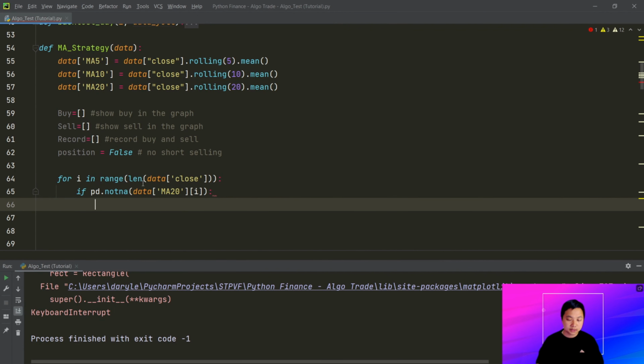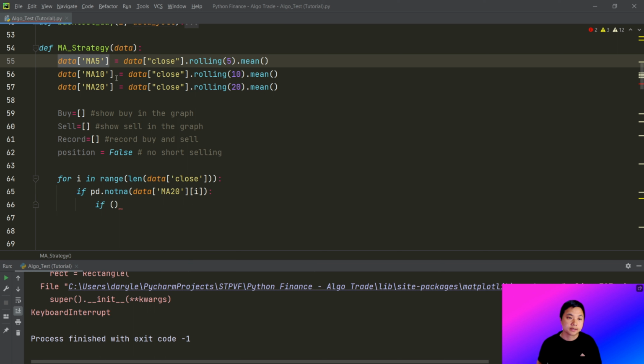So at any particular moment, we would like to check whether or not the 5 minutes moving average is above the 10 minutes and 20 minutes moving averages. We would like to check whether it's over or below.